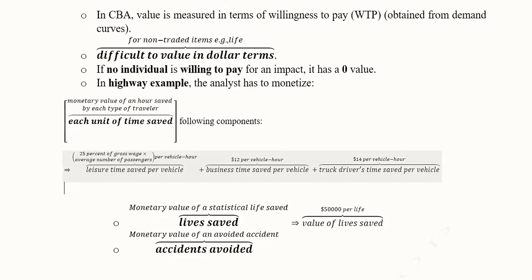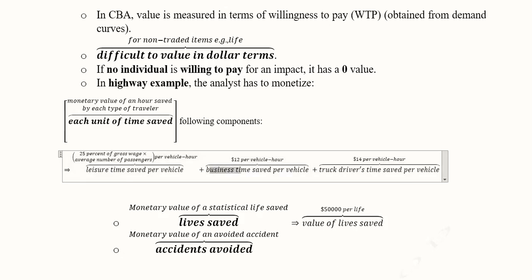If we start with the leisure time, there is leisure time, and there is business time, and there is truck driver's time. So these are the three categories of time that we are considering. For leisure time, people will be having time saved for leisure, and for that we can use a percentage of their gross wage as the value of their leisure.